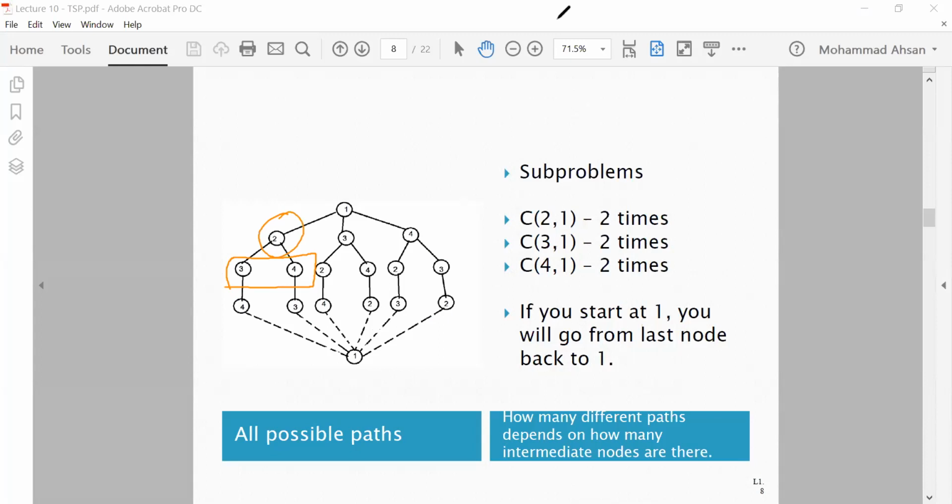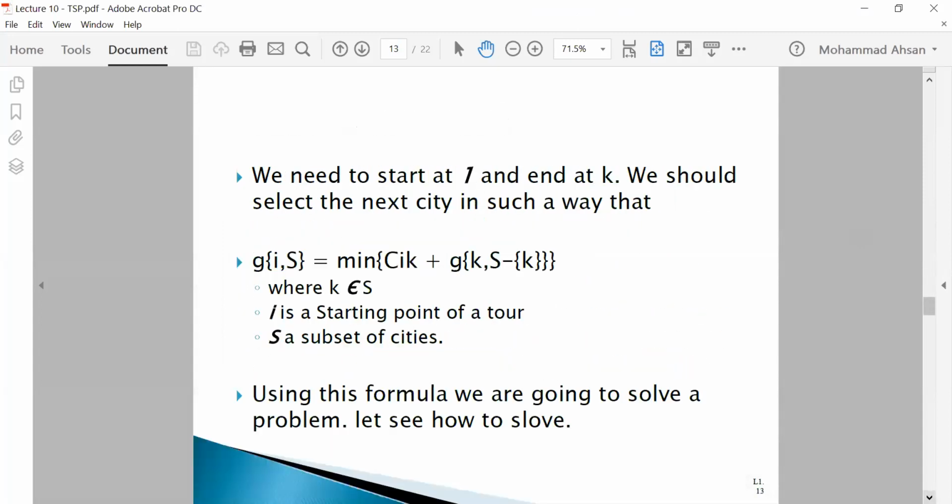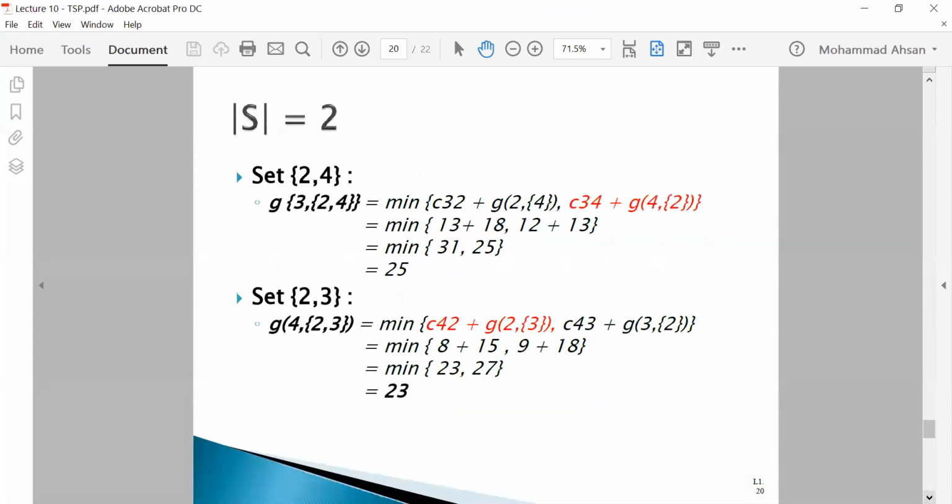Again, we have already calculated how to go from 4 to 1, the least cost. So we'll do the calculation.